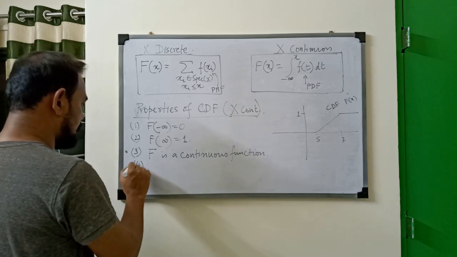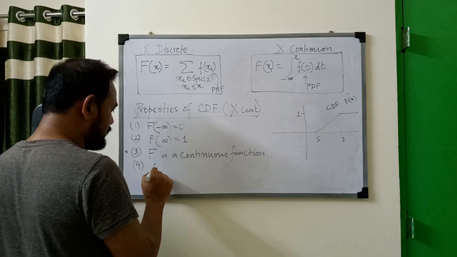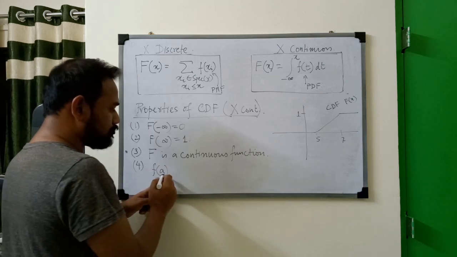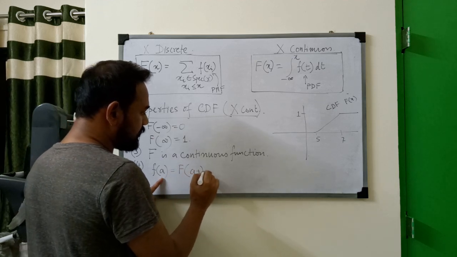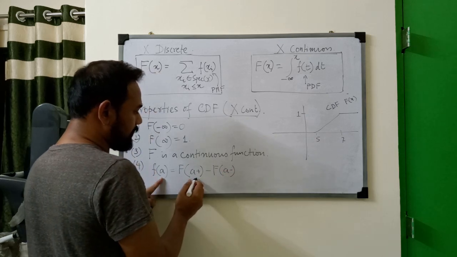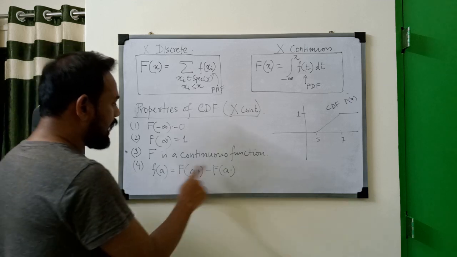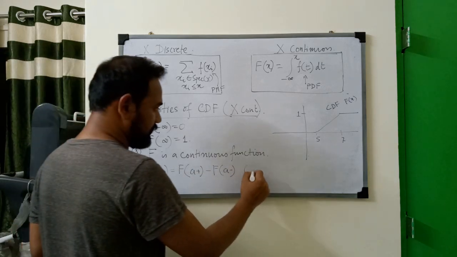And the fourth one: in the case of a discrete random variable, we had a formula for the probability mass function at a spectral point a. This was given by F of a plus minus F of a minus, which is the right-hand limit of capital F at a minus the left-hand limit. This was in the discrete case.